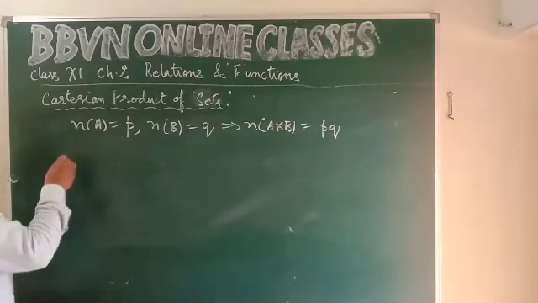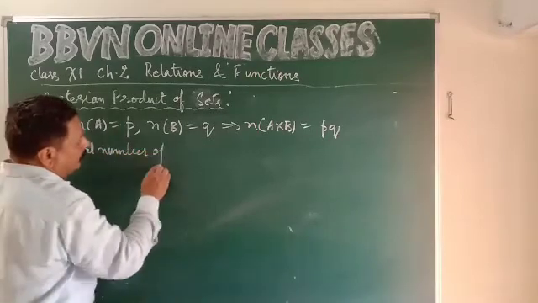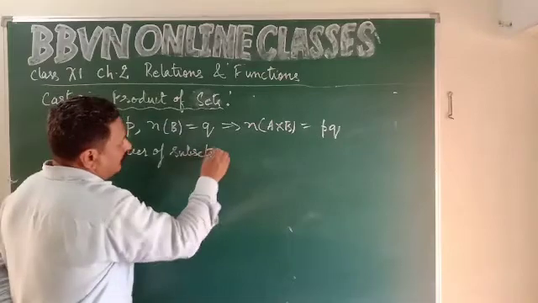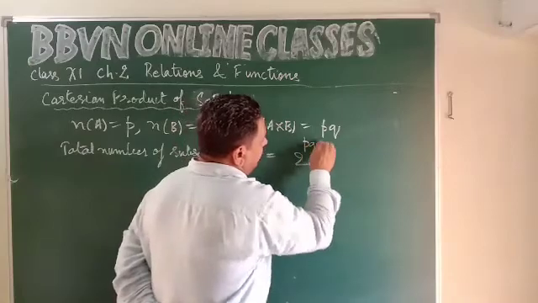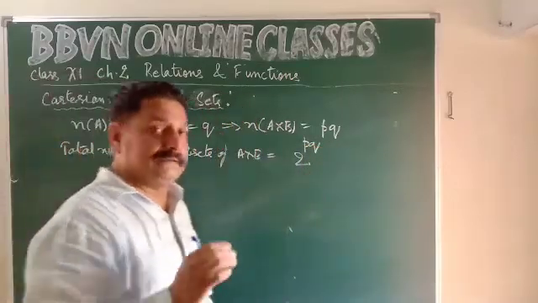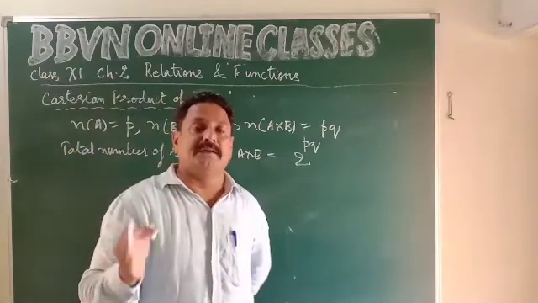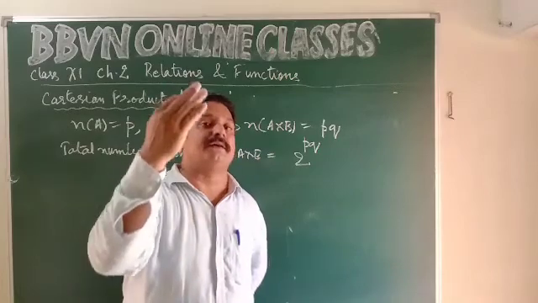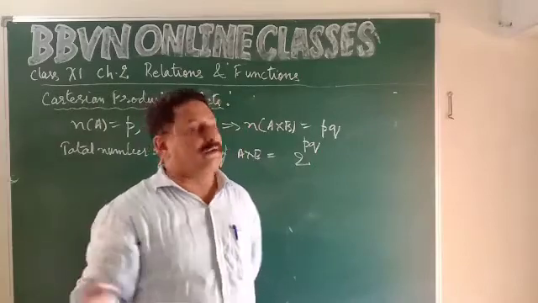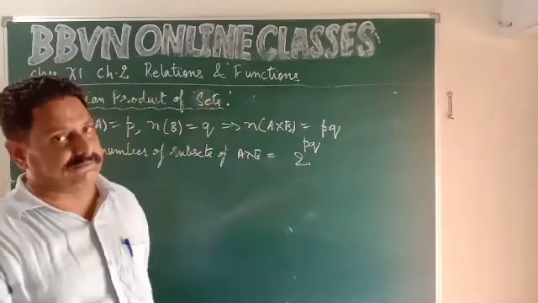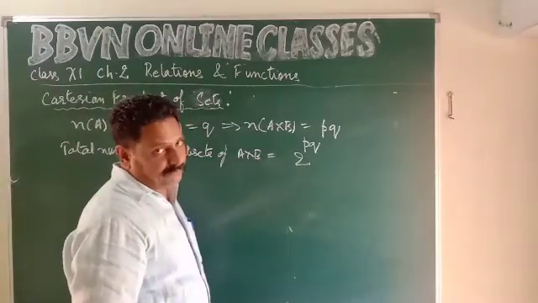So the total number of subsets of A cross B is equal to 2 power pq. In chapter number 1, set theory, we have studied that if a set has n elements, then the total number of subsets will be 2 to the power n. The total number of proper subsets will be 2 to the power n minus 1. Here I am just asking for the total number of subsets of A cross B, which will be 2 to the power p into q.